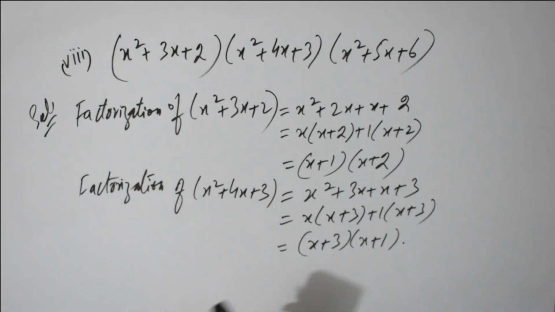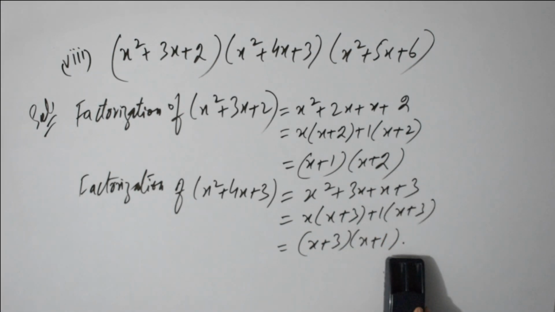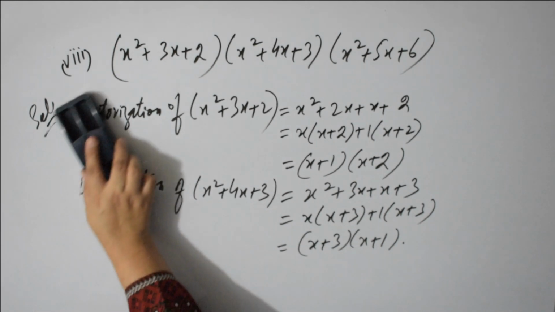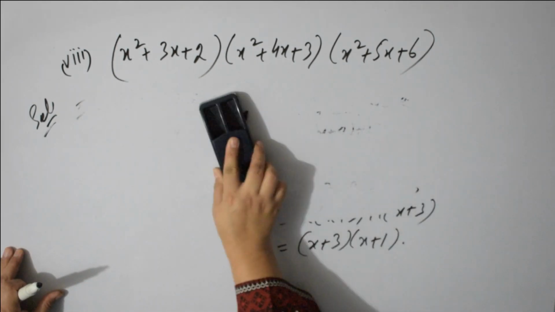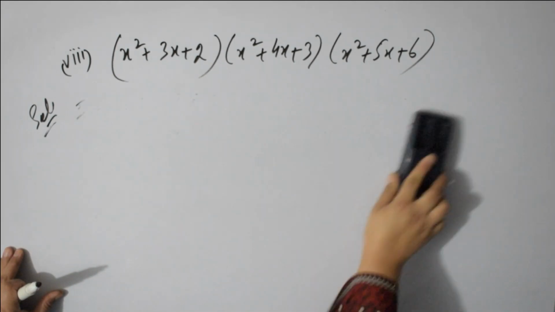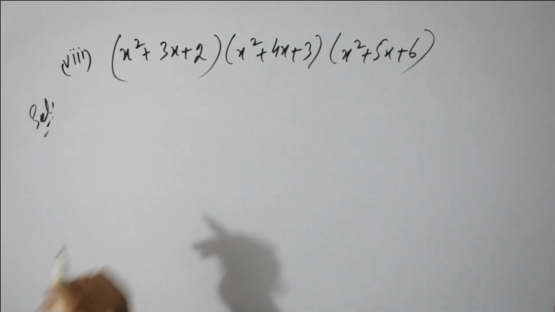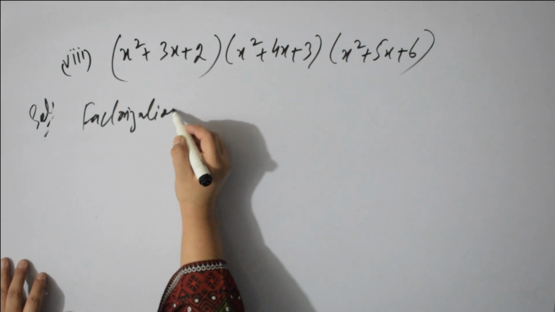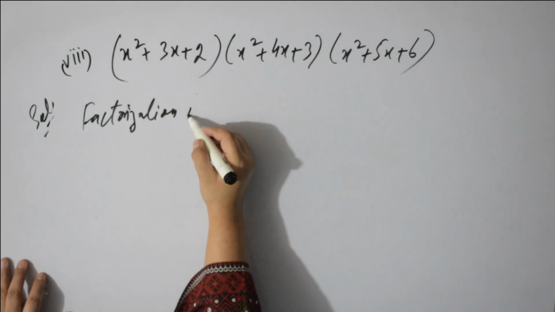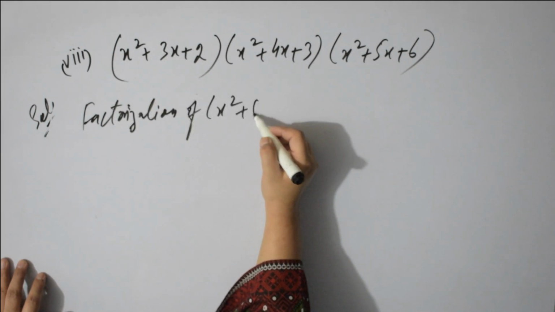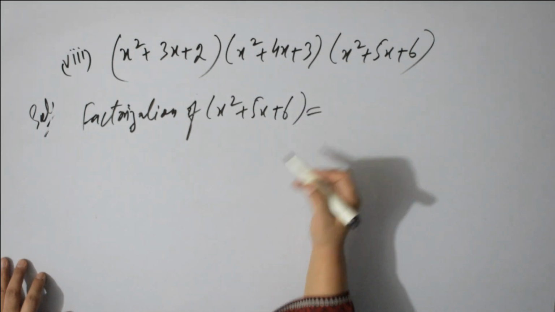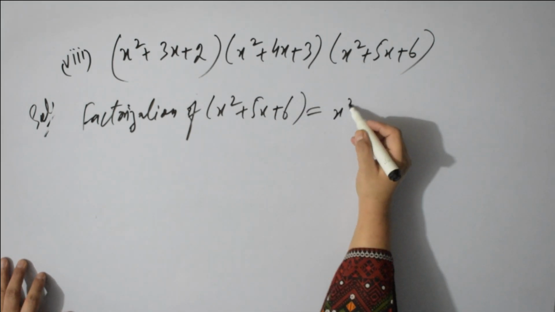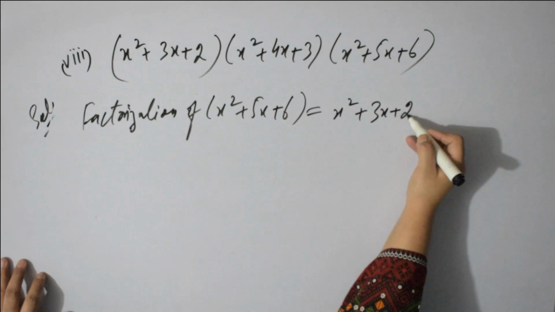First factorization was x plus 1, x plus 2, then x plus 3, x plus 1, and factorization of the last expression: x^2 plus 3x plus 2x plus 6.